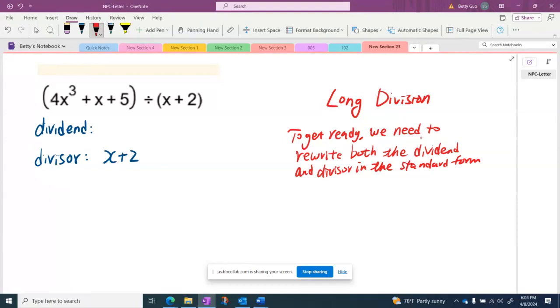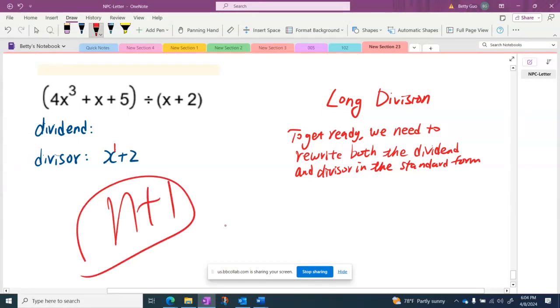Okay, the divisor is x plus 2, degree is 1. 1 plus 1 is 2, and this divisor, this binomial, is already in standard form. Remember, the standard form of a polynomial contains n plus 1 terms. Let me say it again.